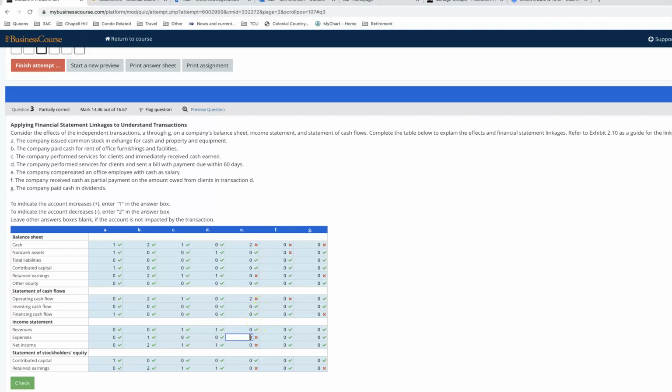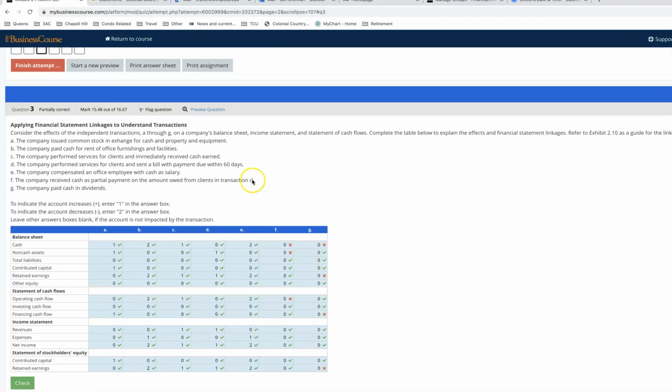We're going to have expense go up. When expense goes up, that means net income goes down. We're sad about that. Since net income is down, I have to go and show that retained earnings also goes down. And my statement of stockholders' equity, which is describing what happens to retained earnings, also goes down. Let's do a check.